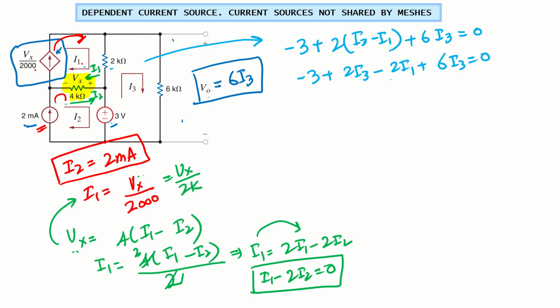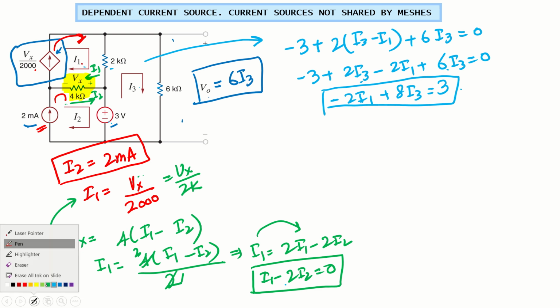So we have minus 2 I1, then 6 and 2, plus 8 I3, is equal to minus 3 going to the other side, plus 3. So now we have two equations: minus 2 I1 plus 8 I3 equals 3, and I1 minus 2 I2 equals 0.